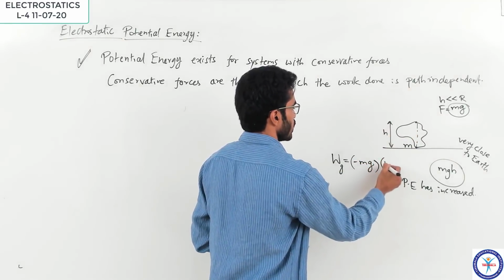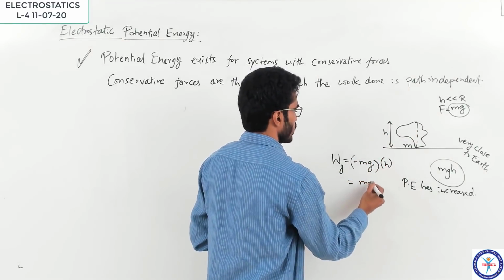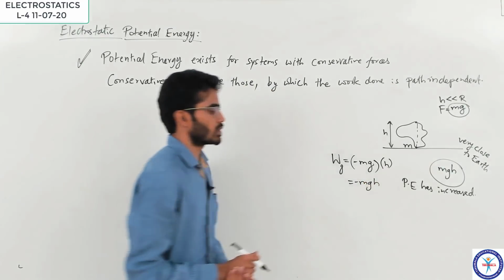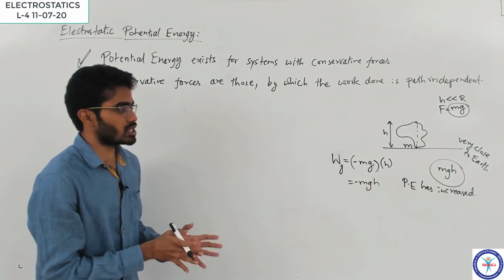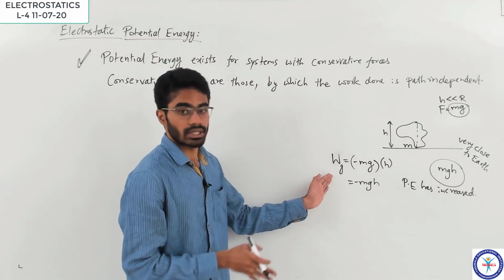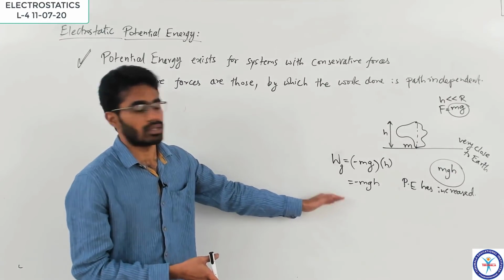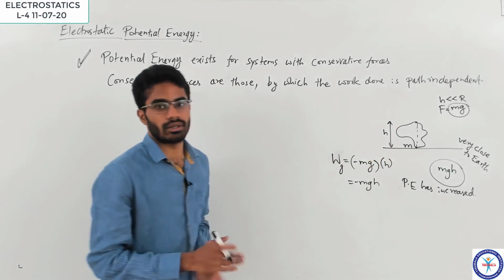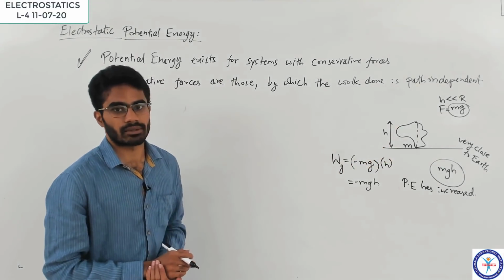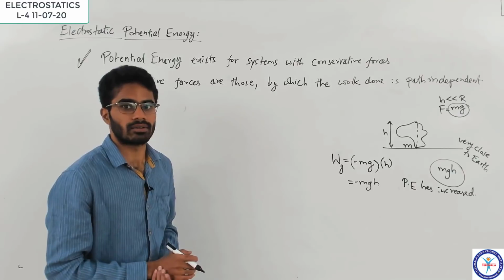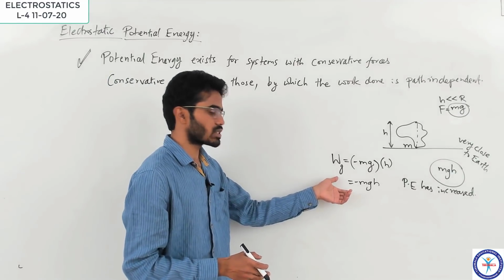Force is downwards, displacement is upwards, so it is minus mgh. So the work done by the conservative force, which is the gravitational force in this case, is minus mgh in whichever path you may take the object. It is the same thing. So this gravitational force is a conservative force.